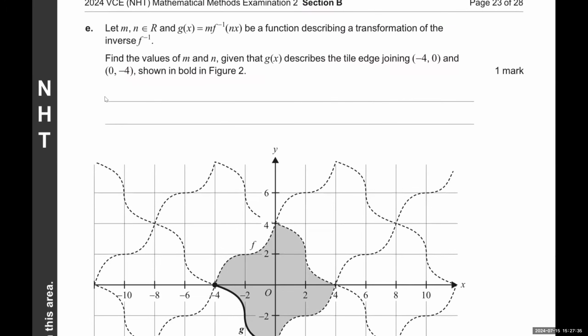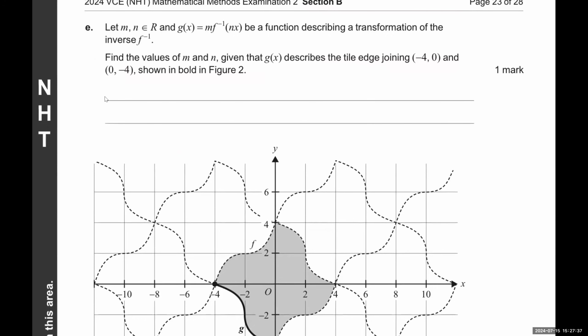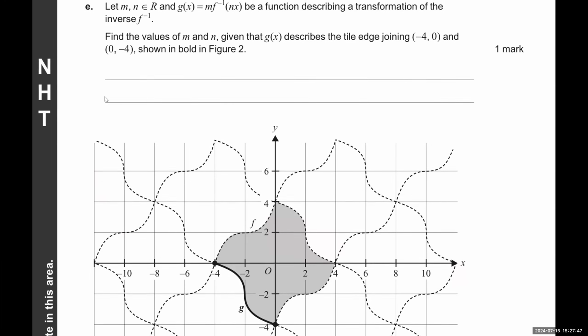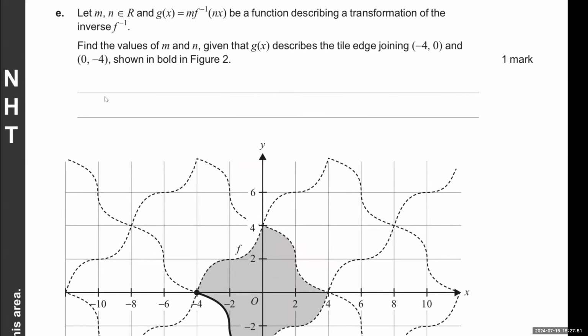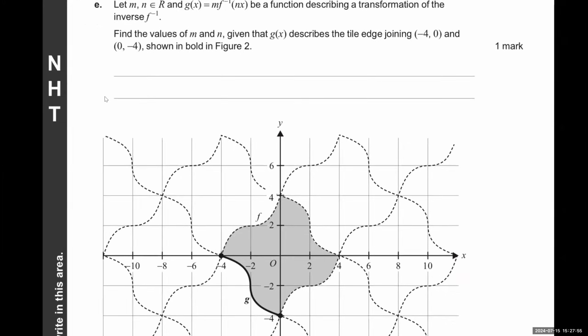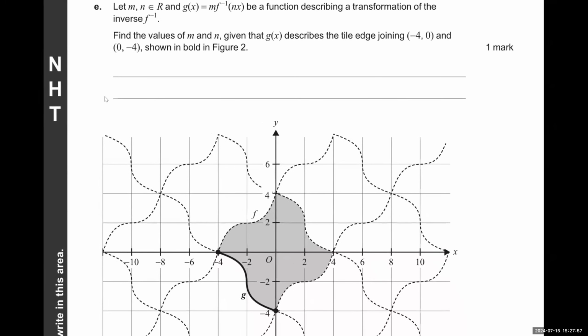Okay, let m and n be real numbers, and g of x is m times f inverse of nx, a function describing the transformation of the inverse f negative 1. Find the values of m and n, given that g of x describes the tile edge drawn in (-4, 0) and (0, -4), shown in bold in figure 2.